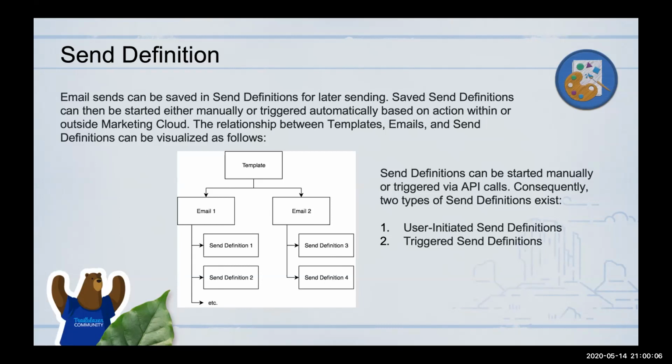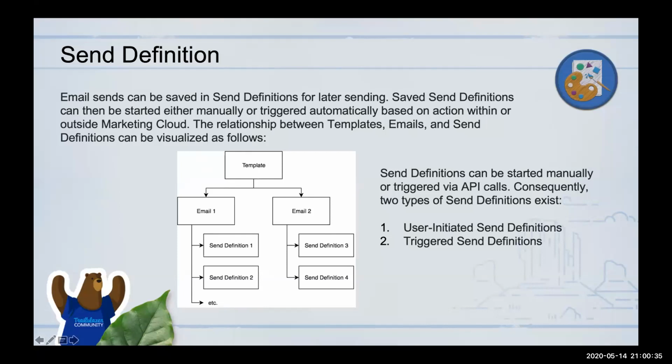So let's say, as an example here, to give you a better understanding: you have a template that feeds into 2 separate emails. Think of them as maybe 2 separate brands. That's why they would have 2 separate send definitions on one, and then another set of 2 separate send definitions on the other, because this might be, let's say, a master template.